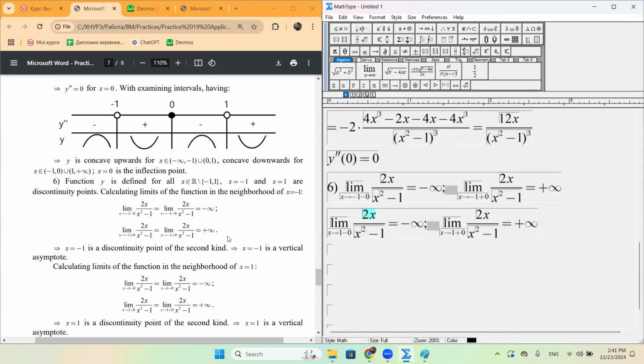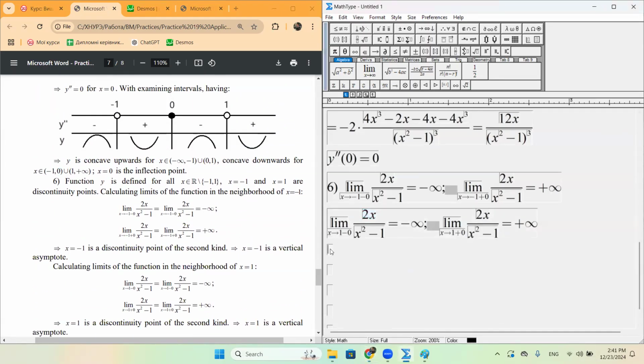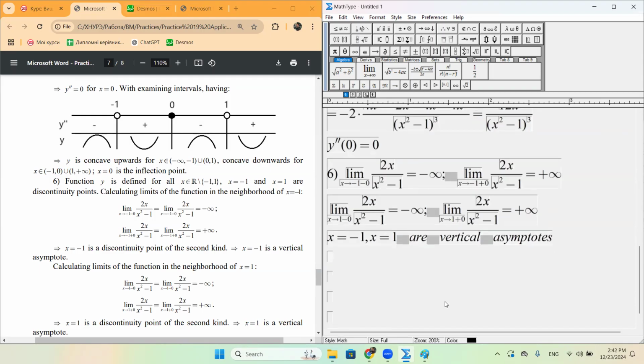Okay, I confused a little bit, but everything is okay. So we found the vertical asymptotes: x equals -1 and x equals 1 are vertical asymptotes. So done.